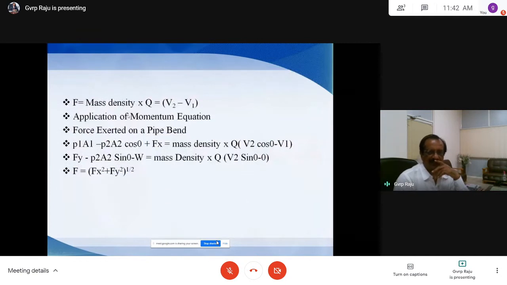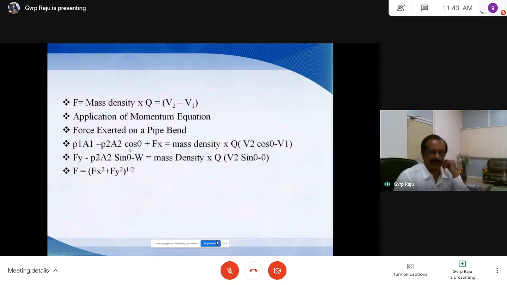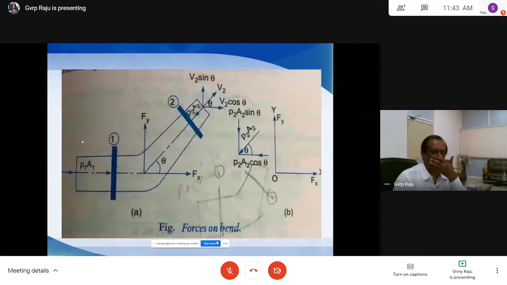The application of the momentum equation we are discussing: force exerted on a pipe bend. So take the sum of forces in the x direction here, and this is the sum of forces in the y direction. In the x direction, let us say this is the positive sign.